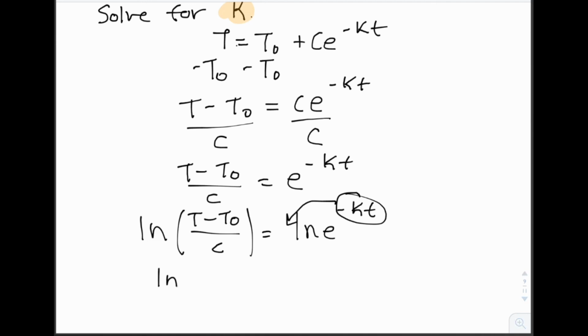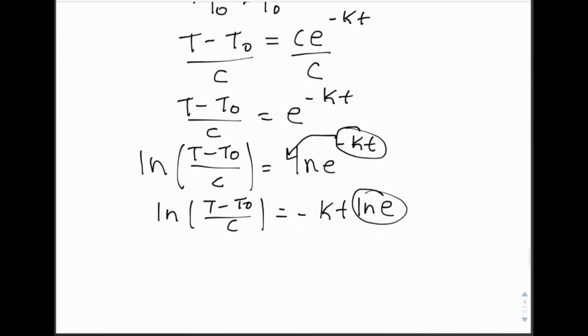That will get us the natural log of T minus T naught divided by C is equal to negative kt, and then the natural log of e. If you recall, the natural log of e is equal to 1, so we are left with negative kt. So the natural log of T minus T naught divided by C is equal to negative kt.